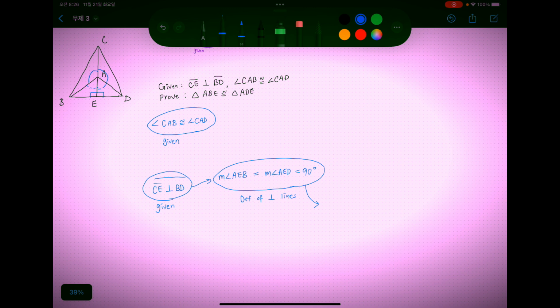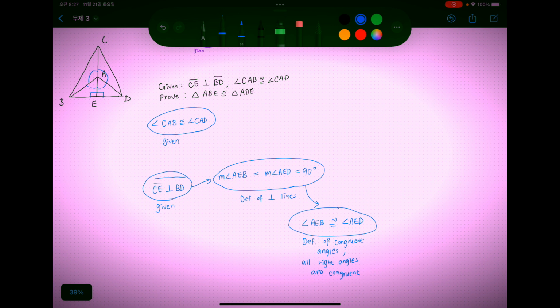All right. So we know that angle AEB and angle AED are congruent, by the definition of congruent angles. But also, all right angles are congruent. Right? Okay, so we have to prove triangle ABE and triangle ADE. So we know about this one.